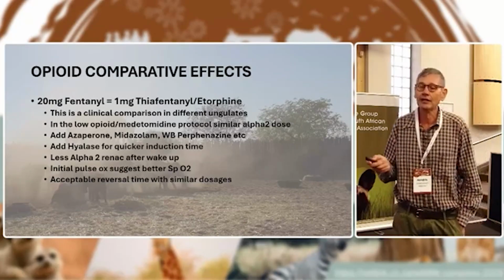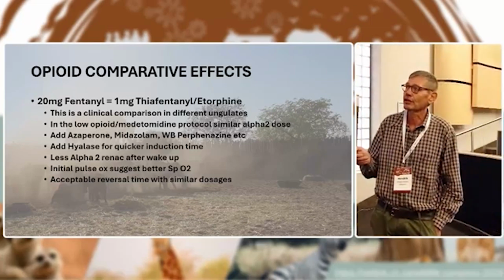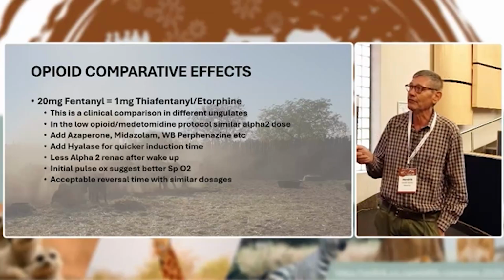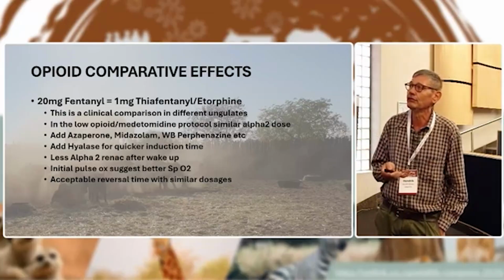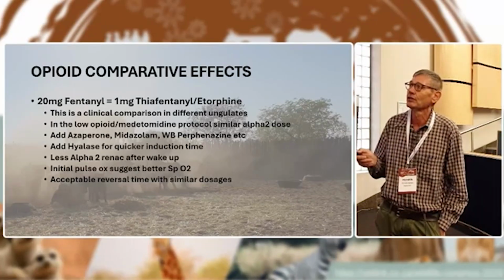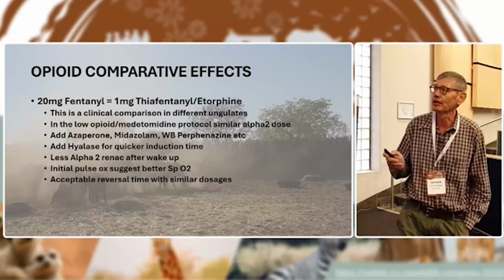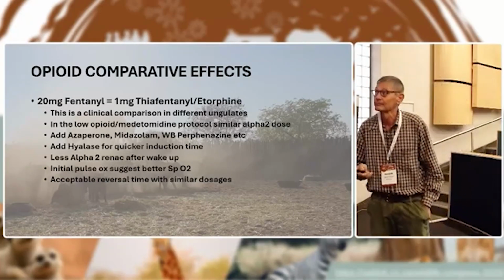And I think clinically, after doing quite a bit, this is what we're having with the VTech product at the moment: 20 milligrams of fentanyl, the potency would be around the same as 1 milligram of thiofentanyl or etorphine.